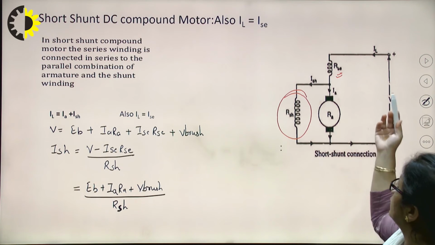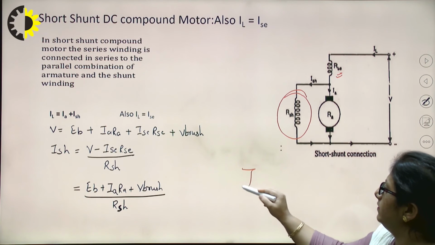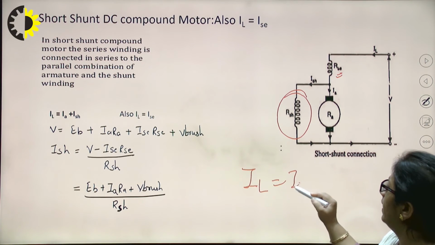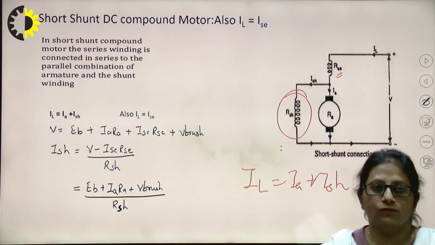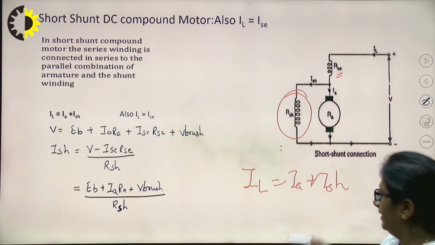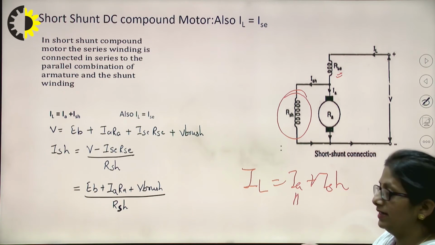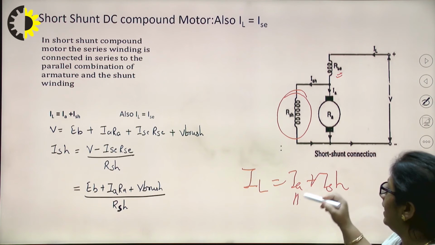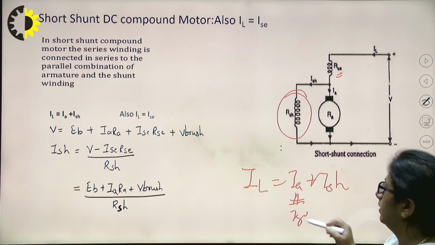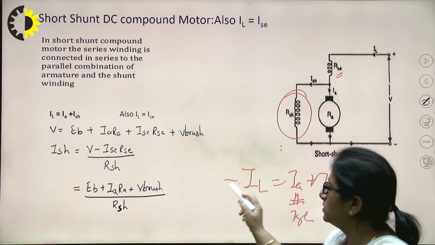Once again, the current relation, if I say broadly, is the same. IL is equal to IA plus ISH. But this time, likewise for a long shunt where IA is equal to ISC, can I say that IL is equal to ISC? No. So now IL is not equal to ISC. Then IL is equal to ISC, right?